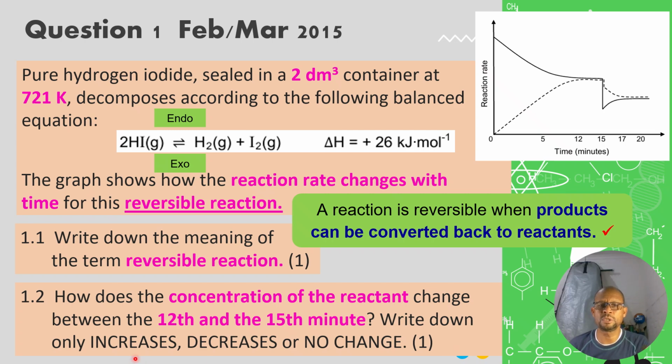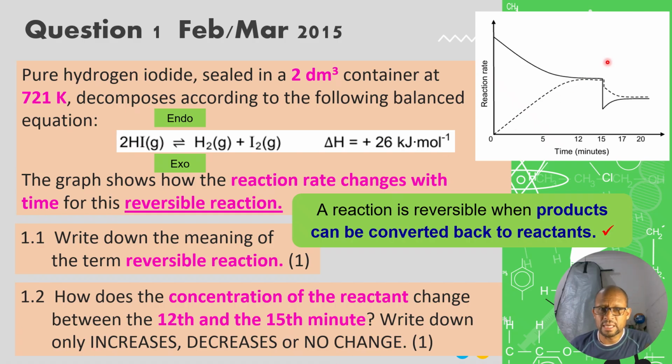When you answer, you must use either increases, decreases, or no change. Don't say that the reactant is changing, or it becomes more, or it becomes less. Don't say, for instance, that nothing happens, it stays the same. You must use the phrases that they've given you.